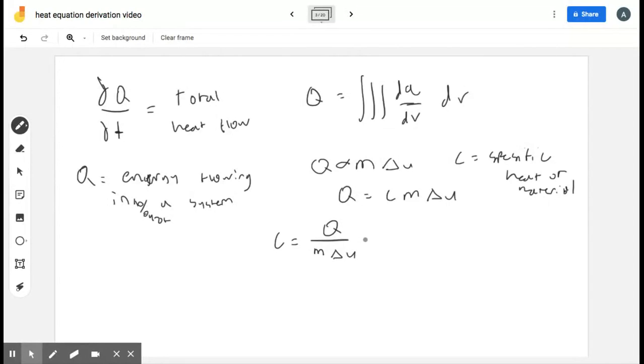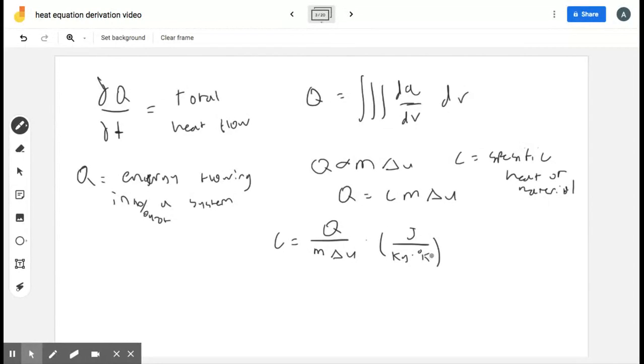And the units for this would be joules, energy, divided by kilograms times temperature, could be Kelvin, right? Degrees Kelvin.